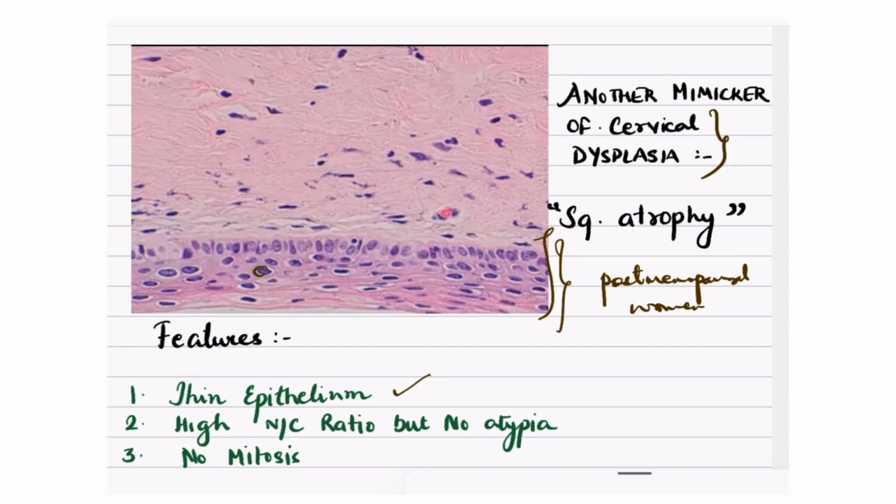Don't do that. Correlate with the age of the patient, and if the patient is 50 years or more, please take the history of menopause, and if there is a history of menopause and also bleeding and you find this, then definitely you can report this as squamous atrophy instead of dysplasia, which will be incorrect in this case.